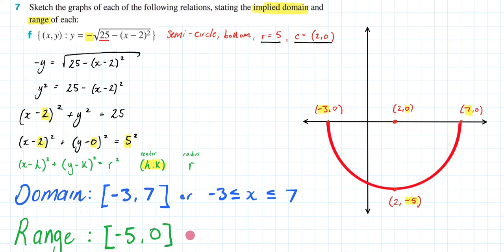And once again, I could write negative 5 is less than or equal to y is less than or equal to 0. A common mistake that I see often is when people are writing the range in this form, they forget to put a y here. We immediately just put an x here, but remember, if we're dealing with range, it should be a y. Hopefully this was helpful in answering 7f, and I'll see you in the next question.